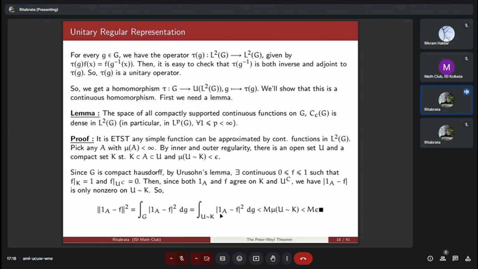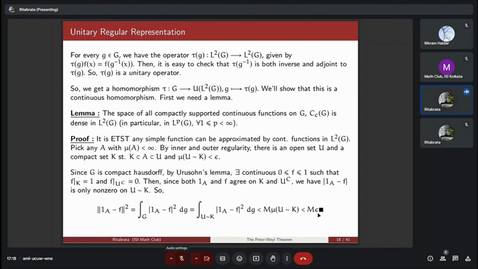It is the integral over U minus K of |1_A minus f| squared dg, and it is bounded by some constant times the measure of U minus K. Why? Because the function (1_A minus f) squared is also bounded: the indicator function takes values 0 and 1, and f is also bounded, so their difference squared is bounded. If we bound it by M, then it is less than M times the measure of the set U minus K, and we have already found that to be less than epsilon by construction.